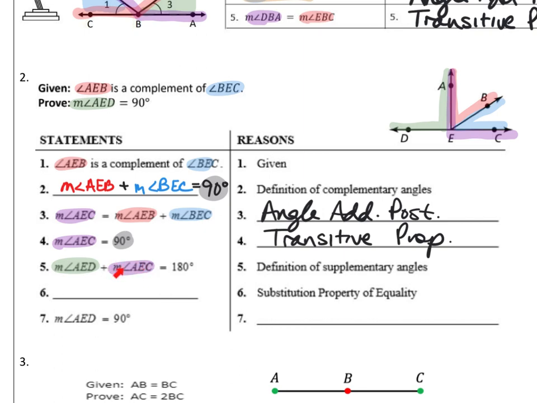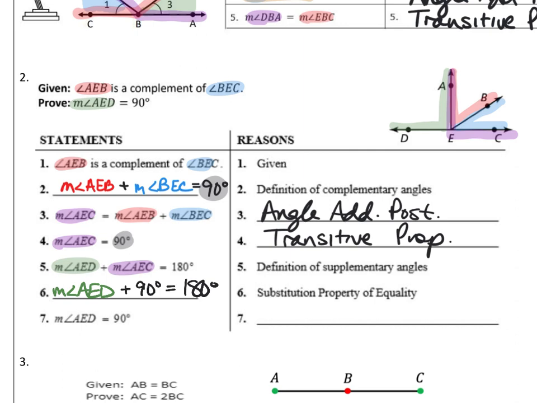Well, what is the purple equal to? 90 degrees, right? So we can substitute that in. If that's what it's telling me I need to do, we would take the measure of angle AED and substitute it. That purple gets substituted with the black 90 degrees. That's the substitution property of equality.